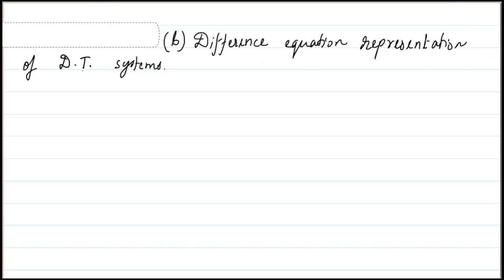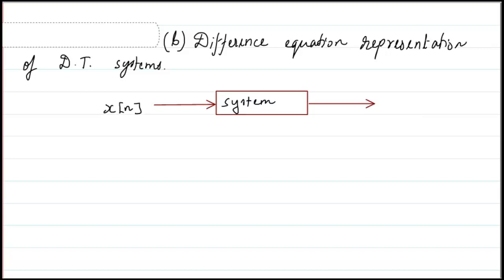Here for the discrete time system, if you have a system with an input and an output, for every input x of n of the system we have an output y of n, and both of them are connected by a difference equation.